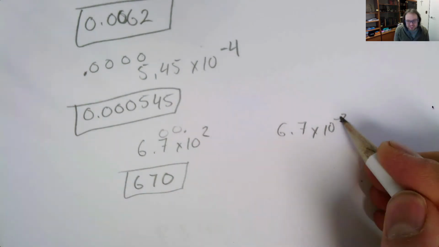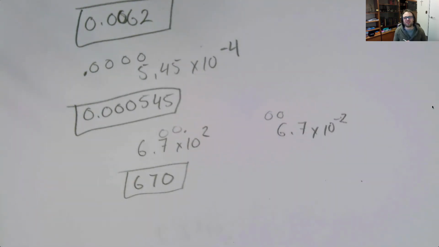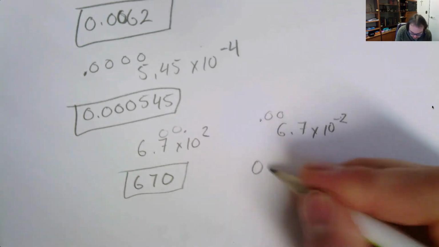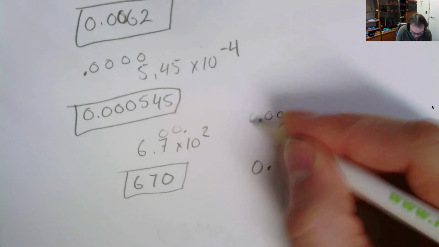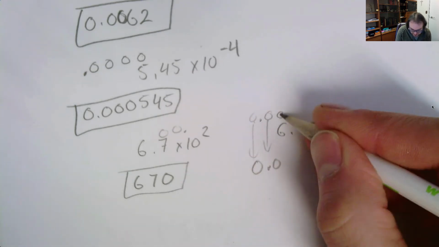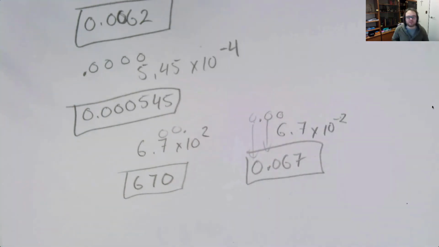Now this here is 1, 2. It's actually going to be dividing by 100. So in this case, there's my decimal, 0 point, we have a 0, and there's the decimal. Then we're going to have 0, and then the 6, 7. And that is the difference. So that is how we do negative exponents.